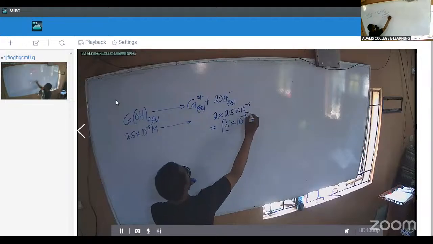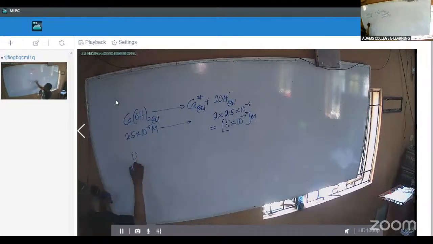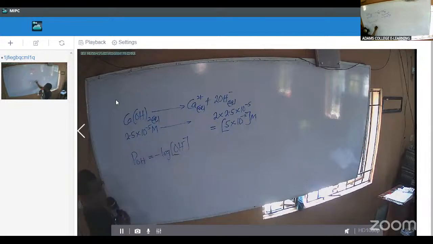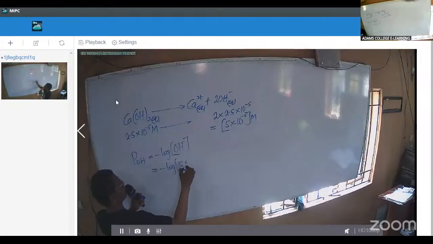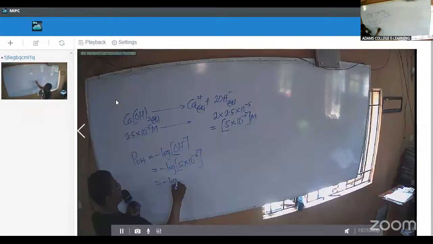molar. That is the concentration. And then pH, you cannot find pH without knowing pOH, which is from hydroxyl. So pOH is minus logarithm of hydroxyl ion concentration. So that will give us minus log of 5 times 10 to the minus 5. Now, in case you don't have a calculator, that is minus log 5, minus log 10 to the minus 5.